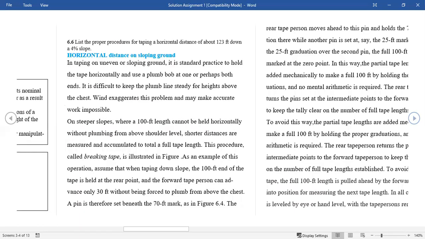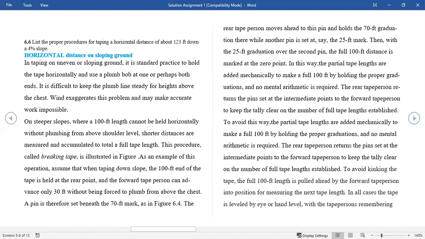Now, the next question is about the procedure for taping a horizontal distance. This is a theory part, though I have written in detail, and I can refer you to my lecture in which we have discussed in the lecture video how you have to measure along sloping ground.